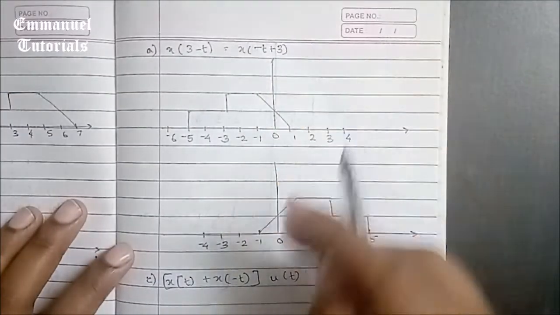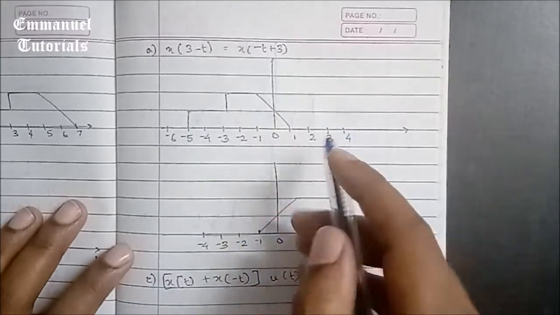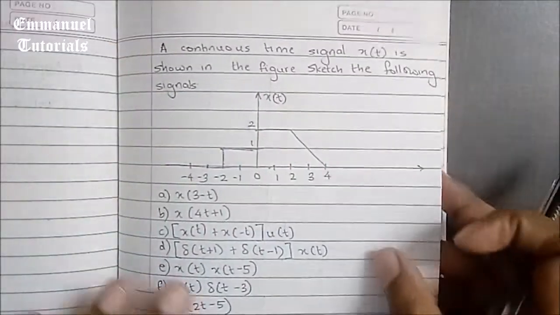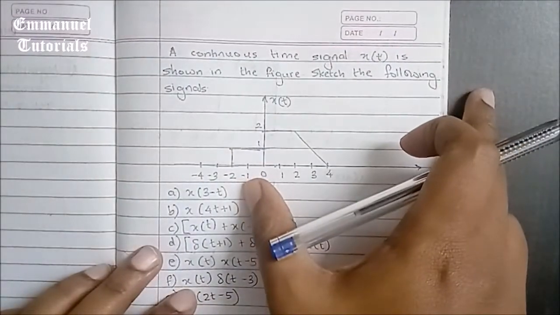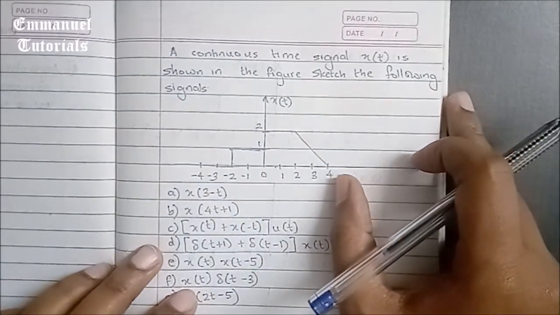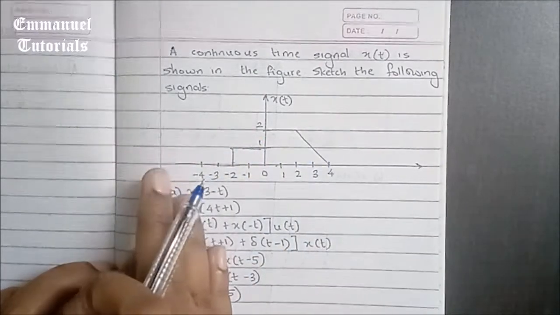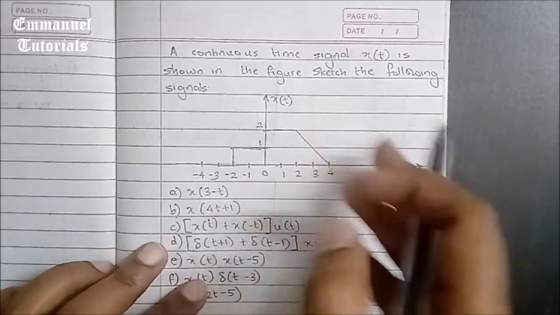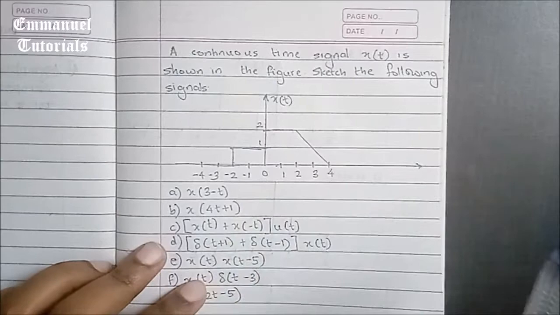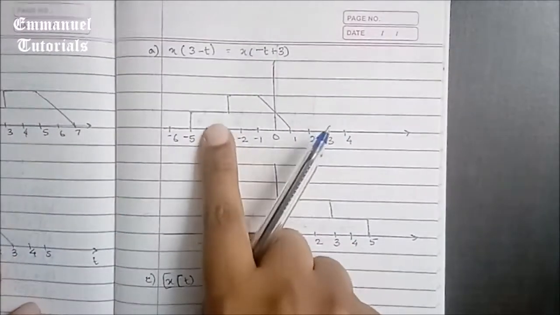Here it is 3. Our original signal begins at minus 2 and ends at plus 4. So now our signal is going to start at minus 2 minus 3, that is minus 5, and will end at 4 minus 3, that is 1. That is what we have drawn over here.